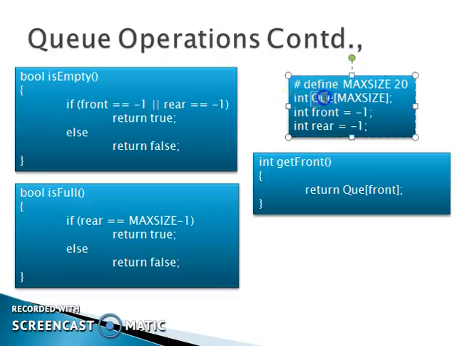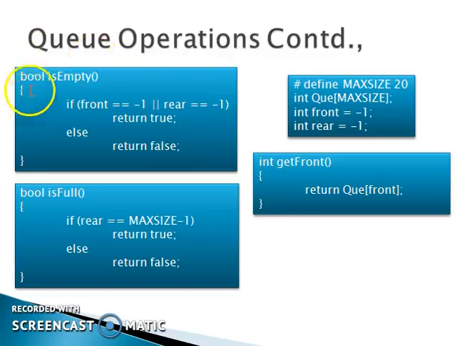And queue of max size declares the queue. Front is a variable that points to the front element in the queue, and rear is a variable that points to the last element in the queue. Initially, front and rear must be initialized with -1. So this case happens whenever queue is empty.